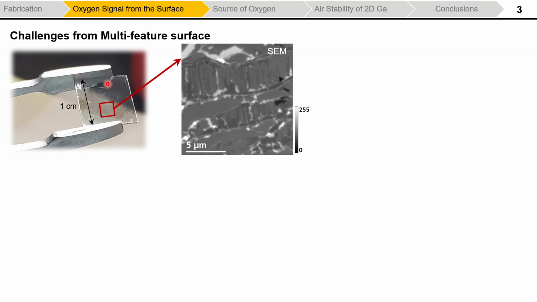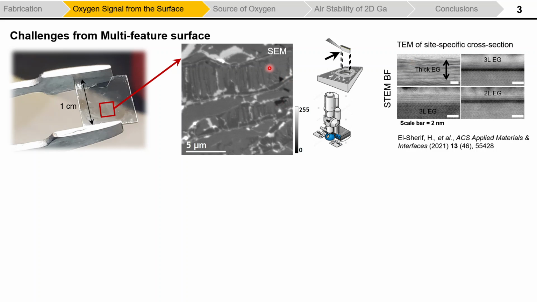If we look at it in SEM, we can see this multi-feature surface, which has lots of gray contrasts. Typically we apply focused ion beam cross sections and aberration corrected TEM to look at the structure of this multi-feature surface site specifically, and we explain this in detail in this paper.